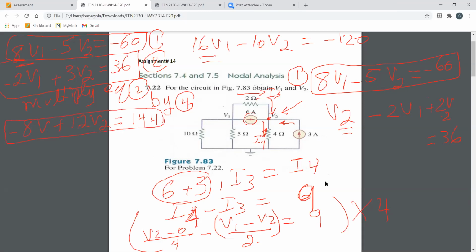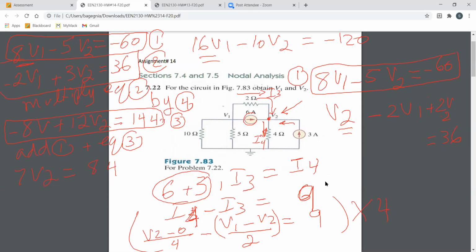If you want to name this as equation 3, then you add equation 1 plus equation 3. Okay, so negative 8V1 and 8V1 will cancel out, and we have negative 5 plus 12, which is 7V2, equal to 144 minus 60, which is 84.